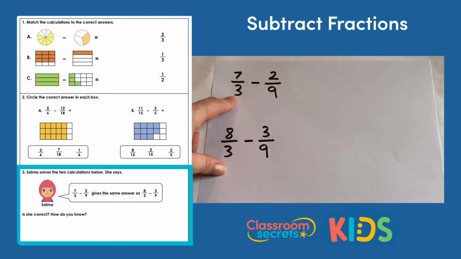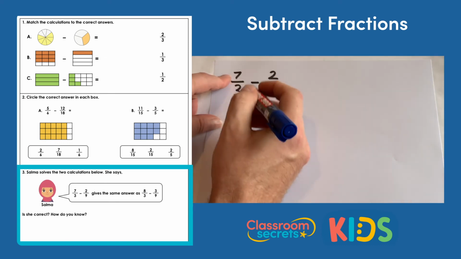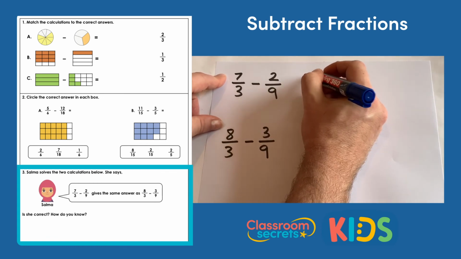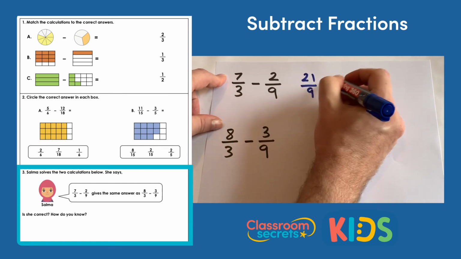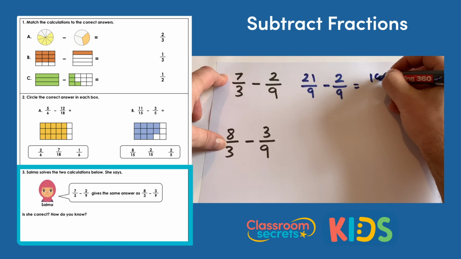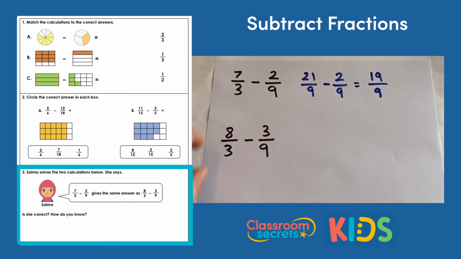So we're going to split each of these thirds into 3 equal parts each. So we'll have ninths. That means that we'll have 3 times as many of the numerator as well. So 7/3 will become 21/9ths. And now we can take away 2/9ths, and that will give us 19/9ths.